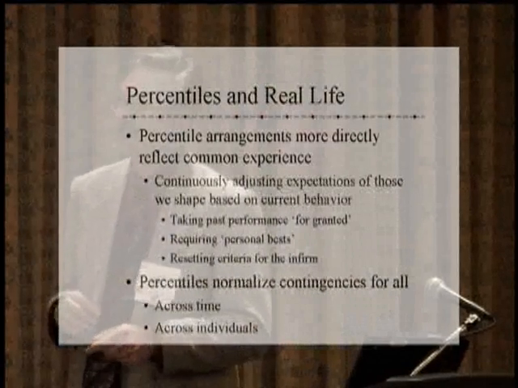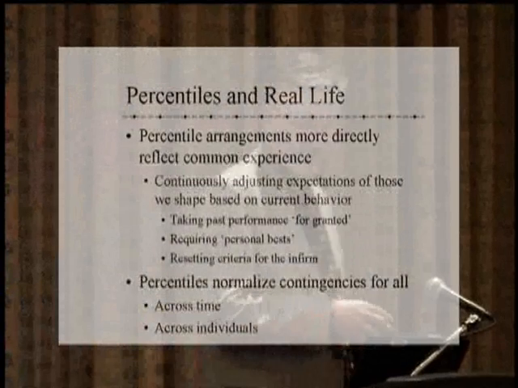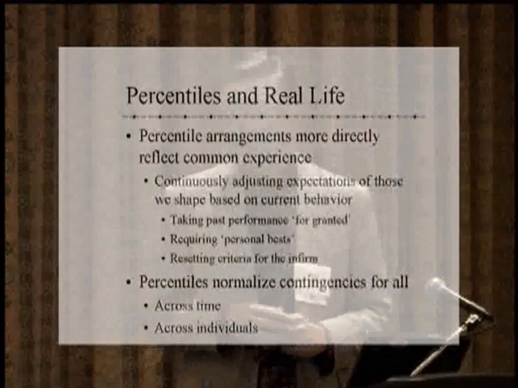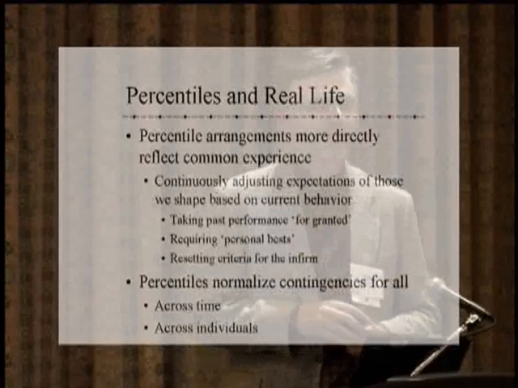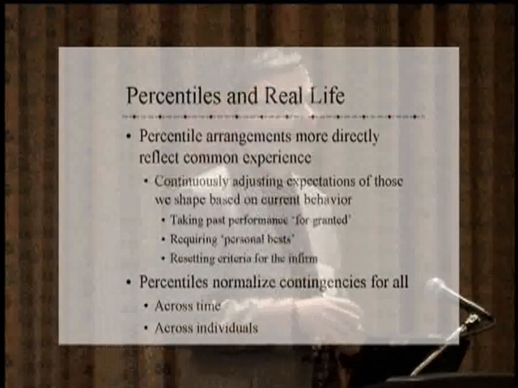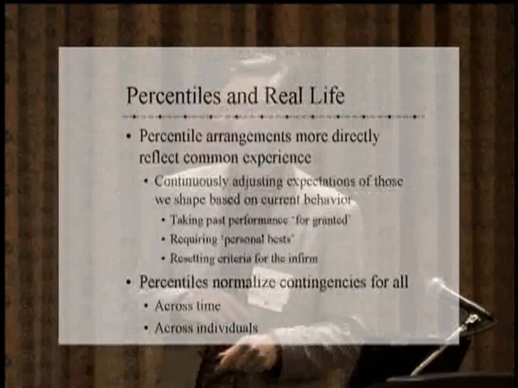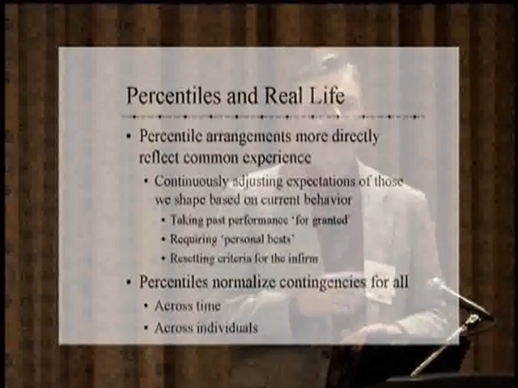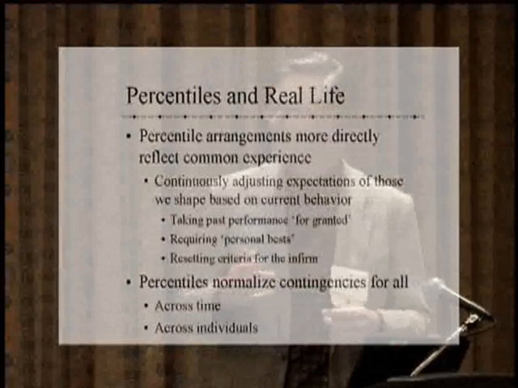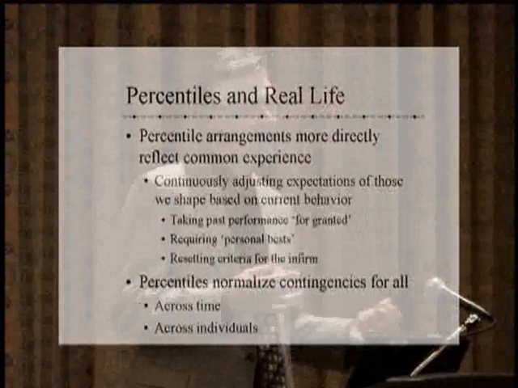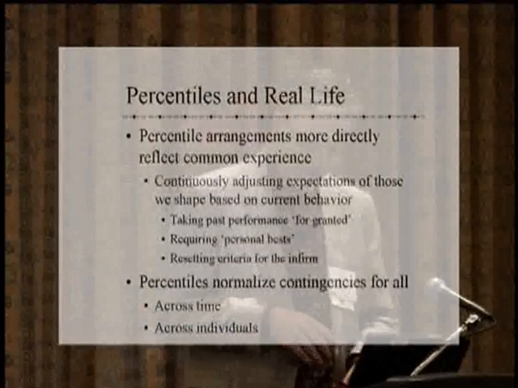We require personal bests of our children before we hand out the reinforcers that they're looking for. And we occasionally even take pity on people and reset criteria if they're incapacitated, slightly hungover, whatever the case may be. Percentile schedules are the way that we internally normalize the contingencies for all of these different people that we need across time and across individuals.